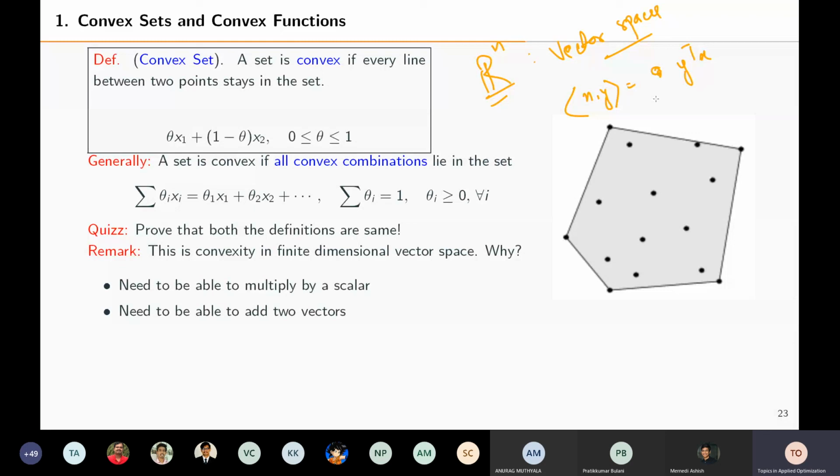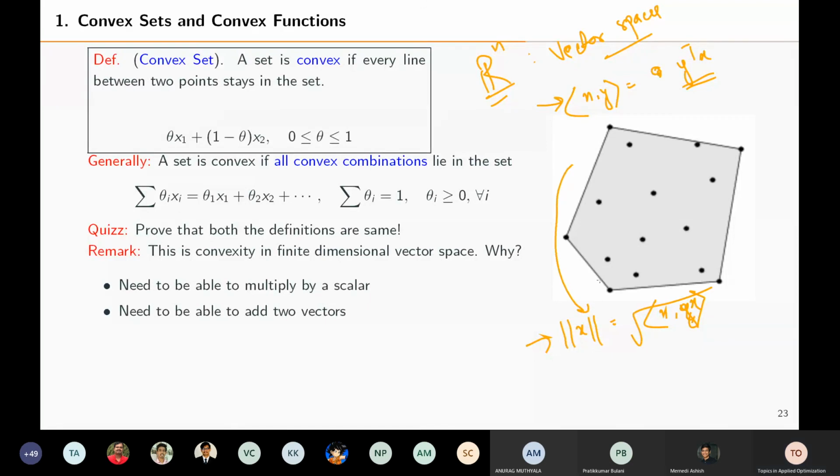Okay, so this is the inner product, and then I can also define a norm in this vector space. The norm is the square root of x comma x. So this is the standard inner product in Rn, and I can define a norm using the inner product.